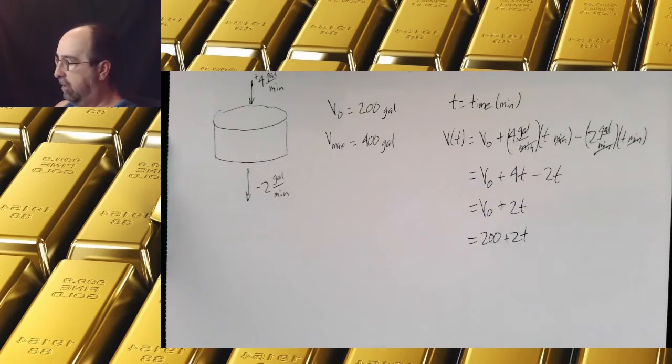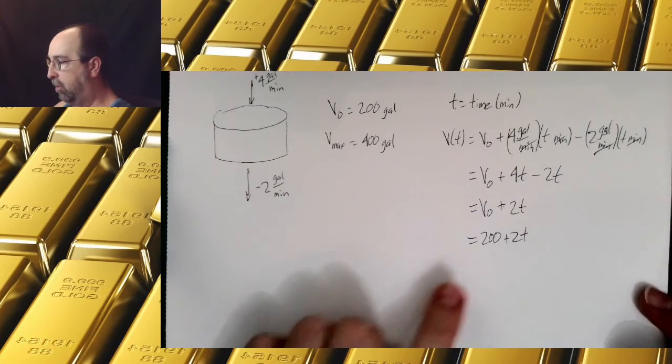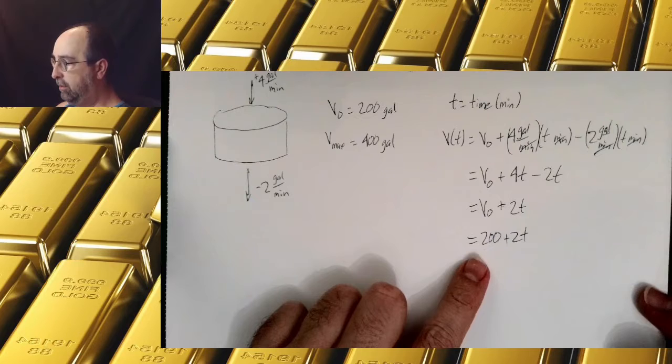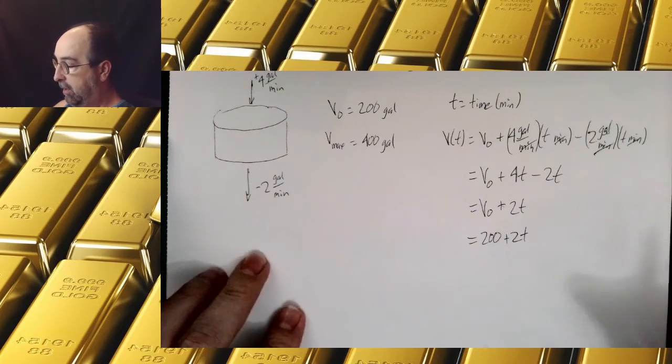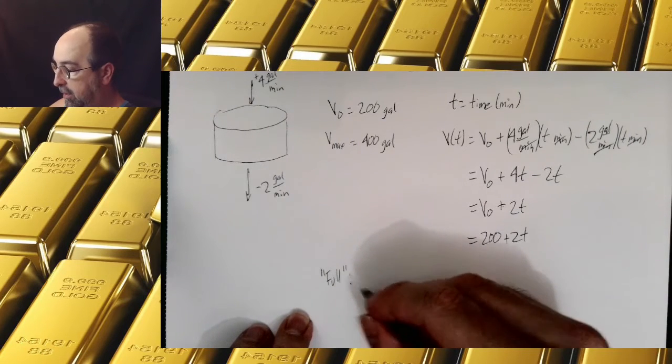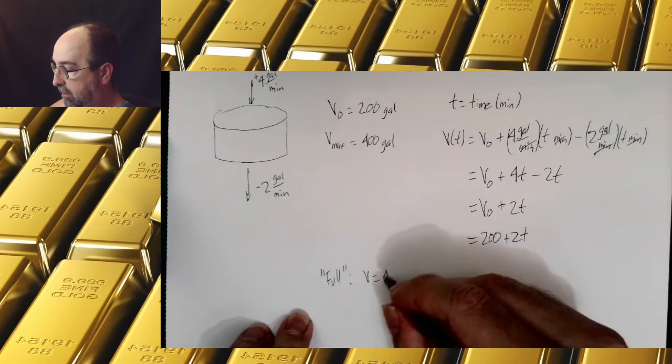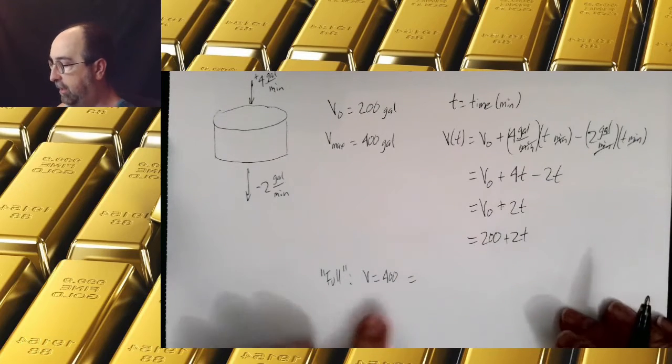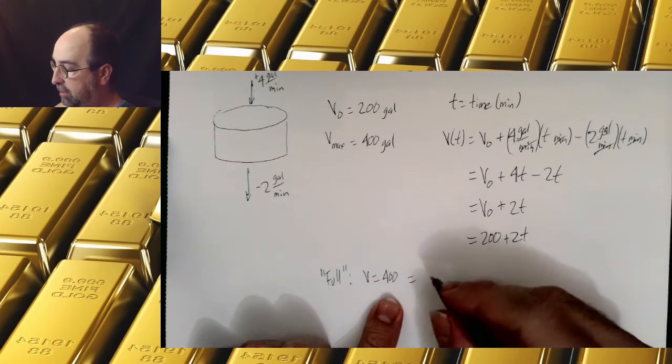Now, we also could figure out at what moment in time we get to the condition that they're calling full. What they mean by full is that V is equal to 400, but V also has to equal 200 plus 2T.